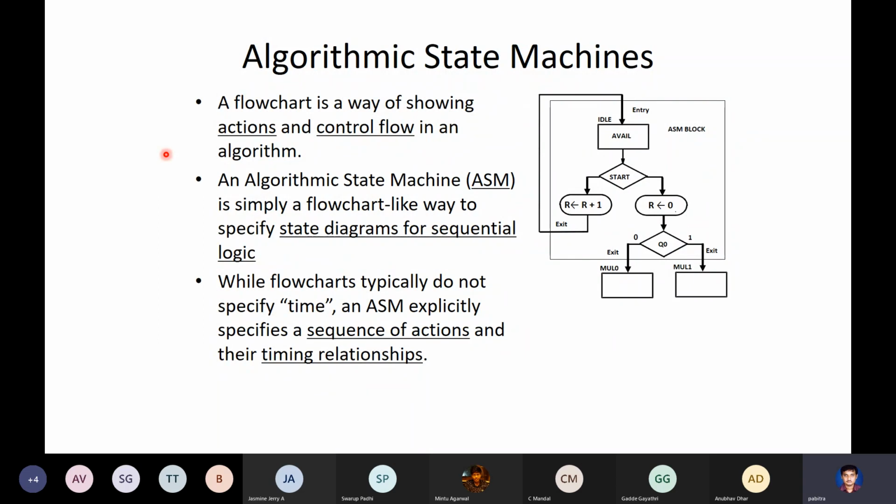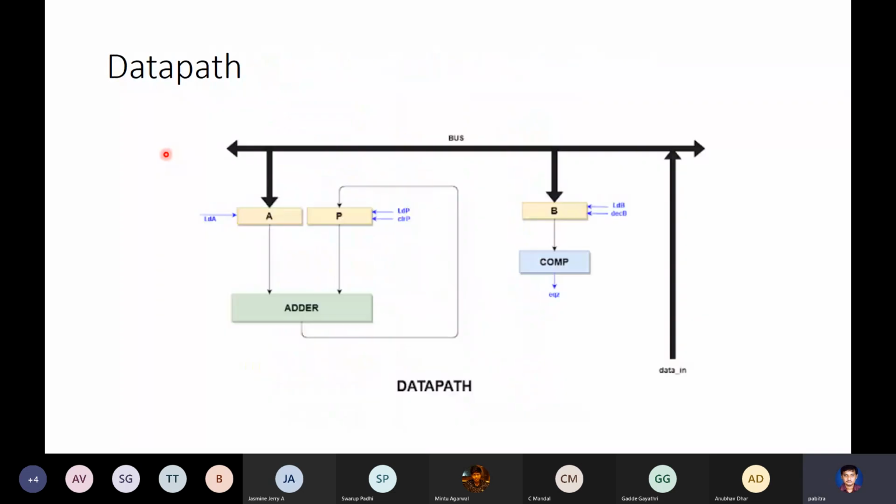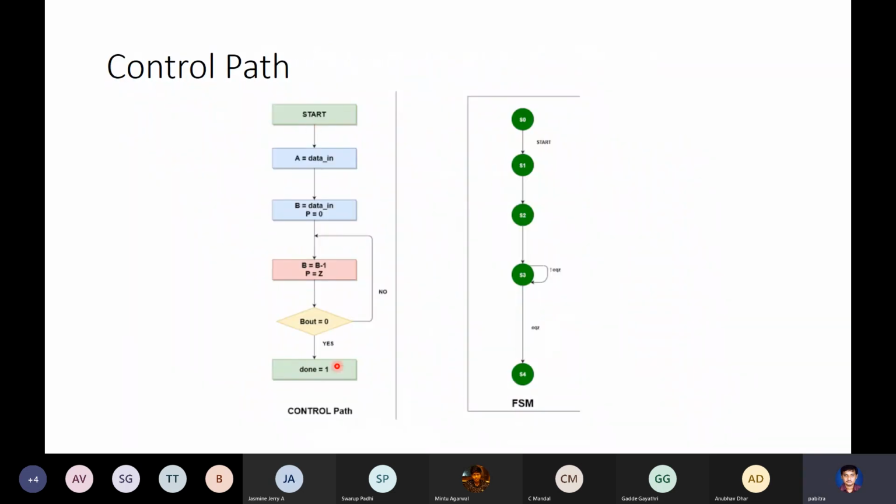That's the only difference. The difference between this flow chart and this control path is the timing diagram, I mean in what sequence, at what clock instances this should happen.